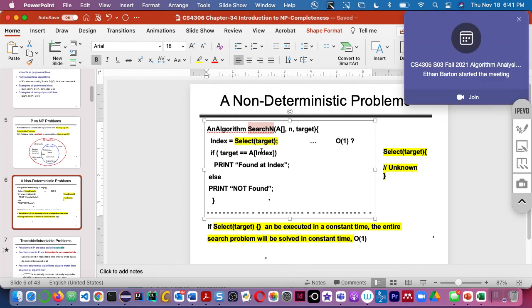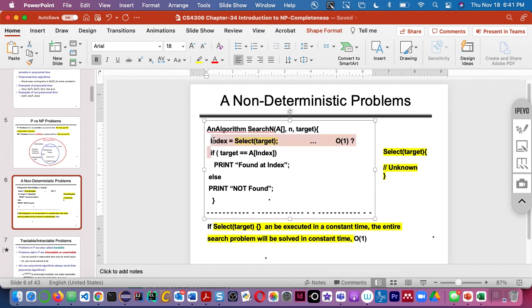For instance, a search algorithm can be written this way. You will use another method, maybe select, and pass this parameter. The main algorithm takes an item and an array of size n, and you will find the target value.